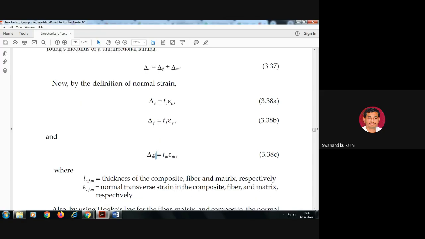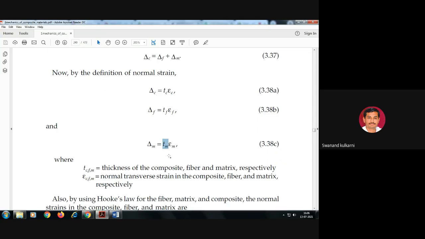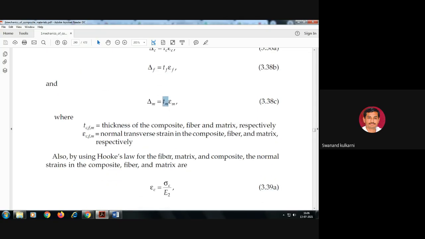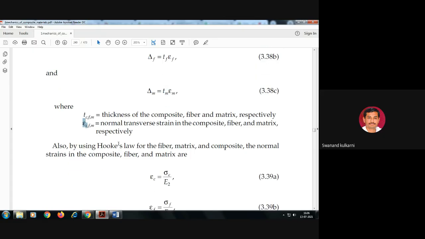Similarly, change in length in the matrix to the original length of the matrix is nothing but strain in the matrix here. Is it okay? So thickness of composite, fiber and matrix is given by TC, TF, TM. Normal transverse strain in composite, fiber and matrix is given by epsilon C, epsilon F, epsilon M.